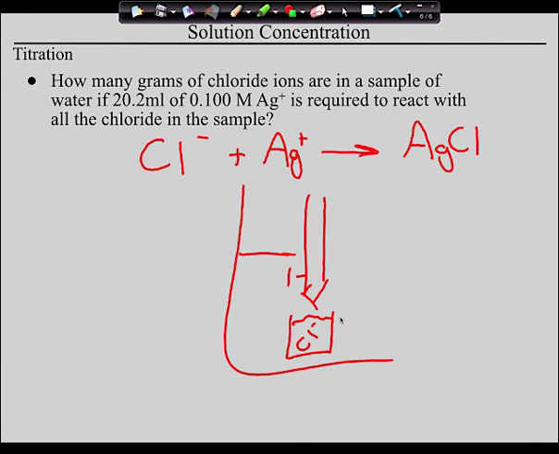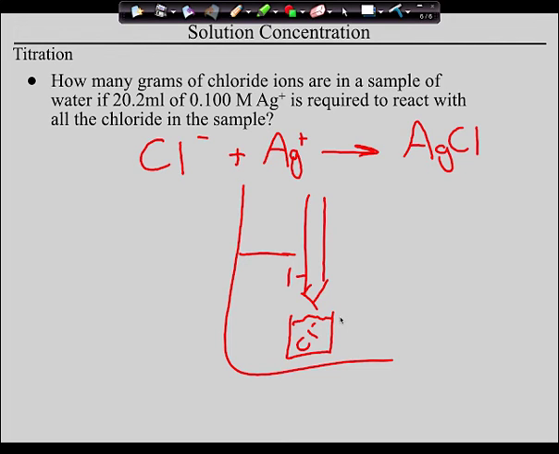Now, what then is in the burette? The silver ion. But guys, here's the deal. You cannot just take your precious silver earrings, huck them in a burette, and make silver ion solution. Silver is not water soluble. It will sit there forever and not dissolve.